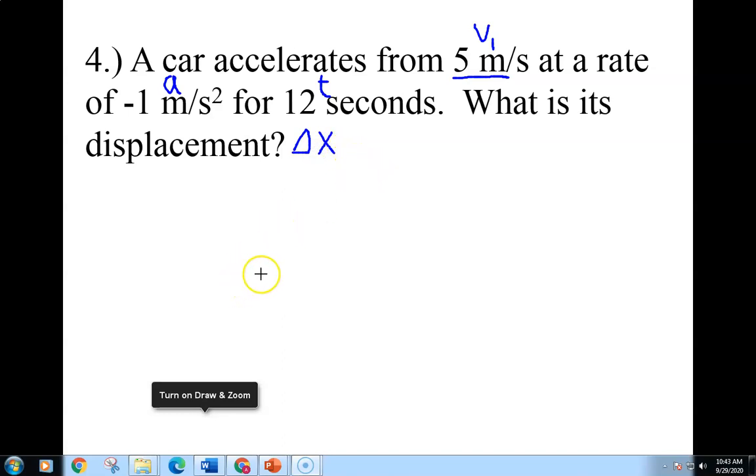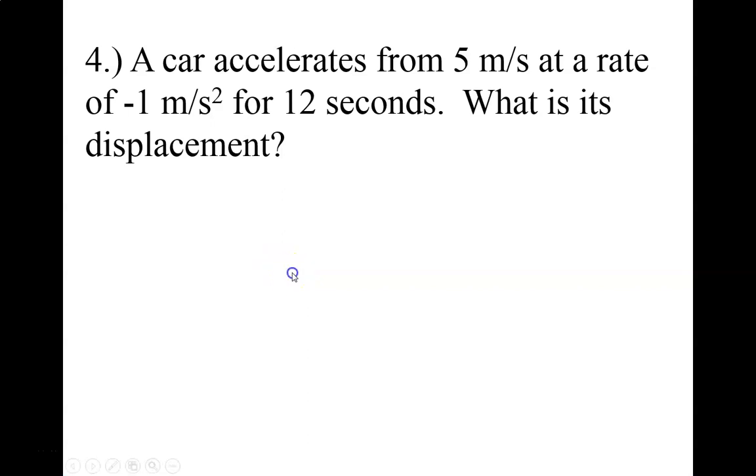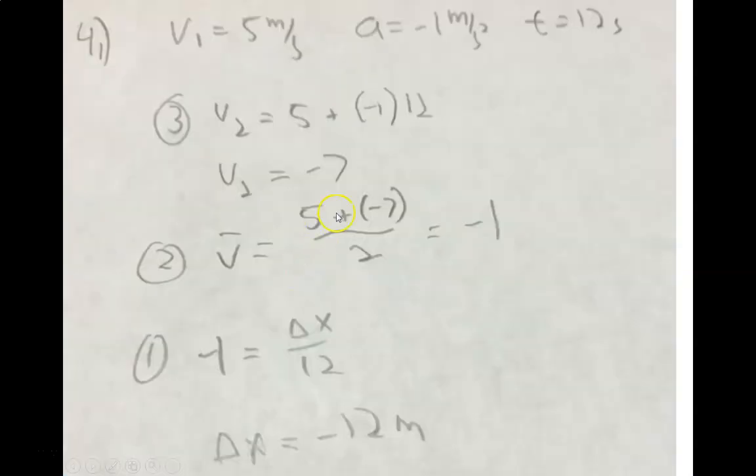So let's solve the problem. There's what we were given again: v1, a, and t. We're trying to figure out delta x, which means we want to use equation number 1. In order to use equation 1, we need to know v bar. We don't know v bar, so we look at equation 2. Equation 2 means we need to know v2, which we don't know, so we look at equation 3.